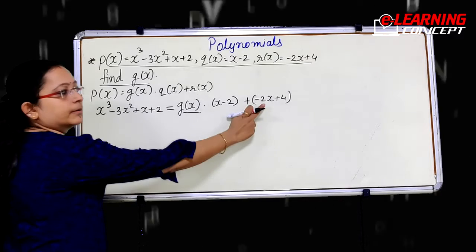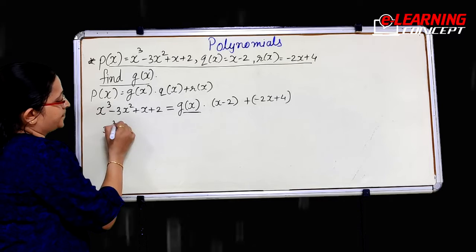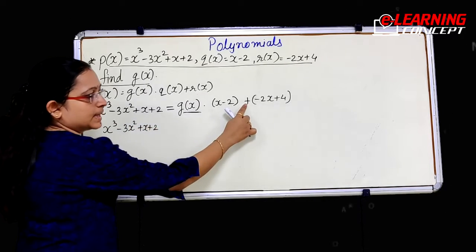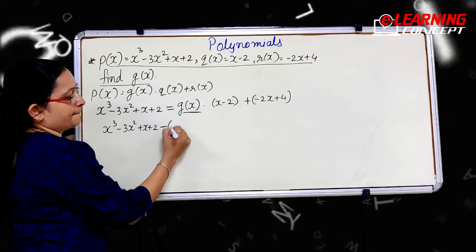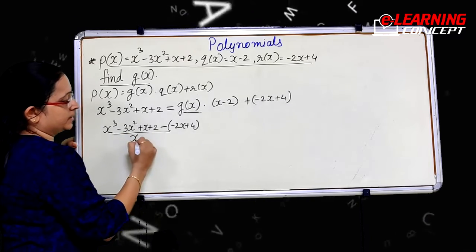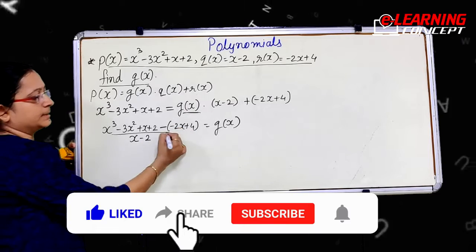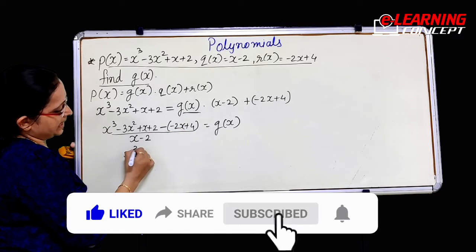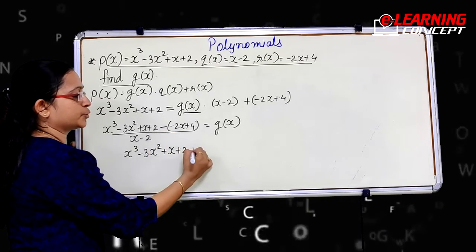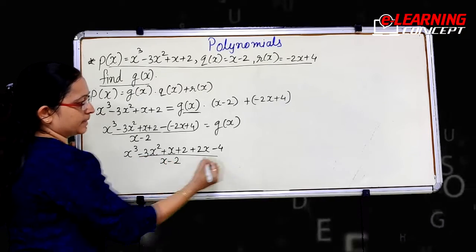So first this r of x should be taken to the other side. Plus will become minus here, and this one will go for division. Now simplify the numerator: x cube minus 3x square plus x plus 2x, and minus 4, will be divided by x minus 2.